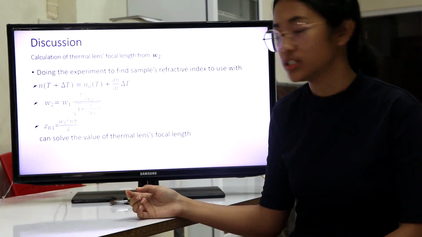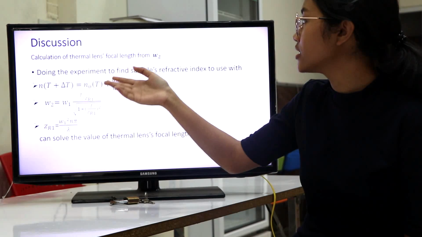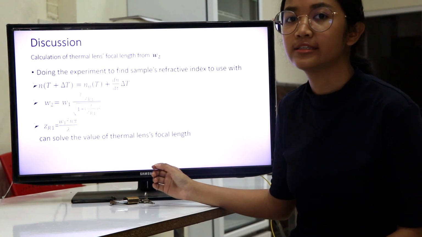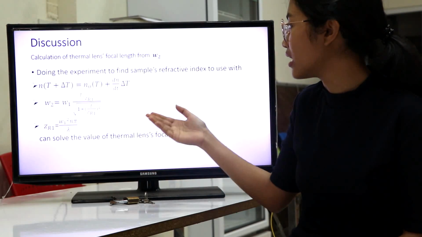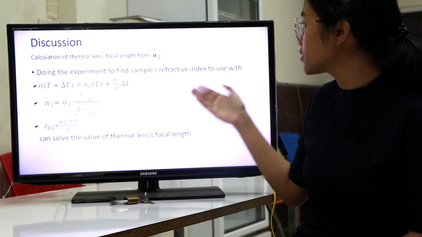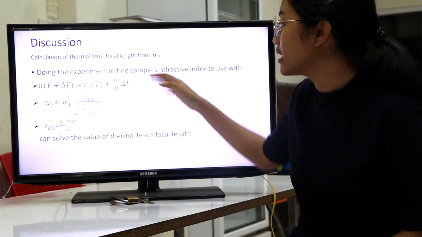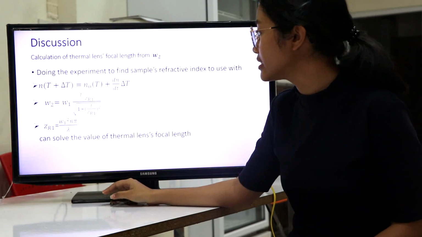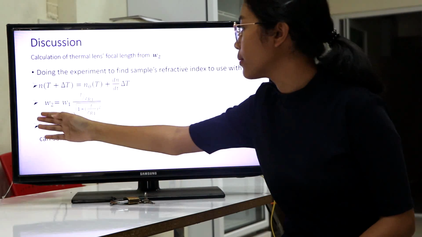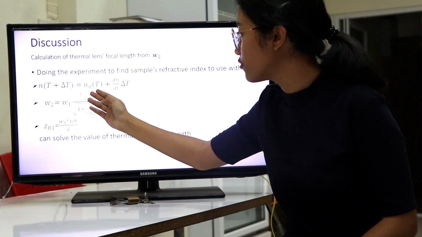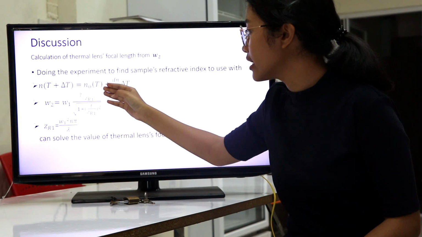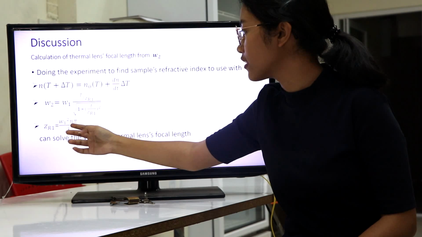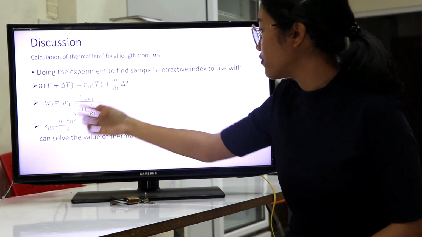So, the discussion: calculation of the thermal lens focal length from W2. In this case, if we do the experiment to find the sample's refractive index, we can use this equation, in which you see the relation of W1 and W2 with the focal length and ZR, where ZR is equal to this and involves the refractive index.